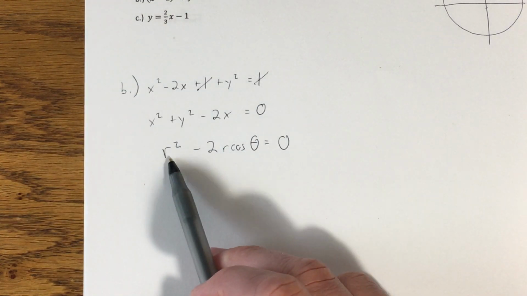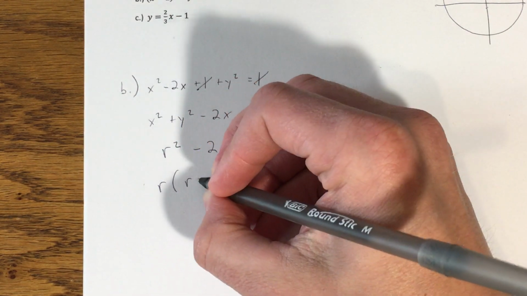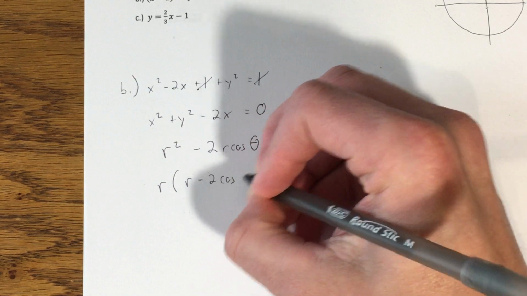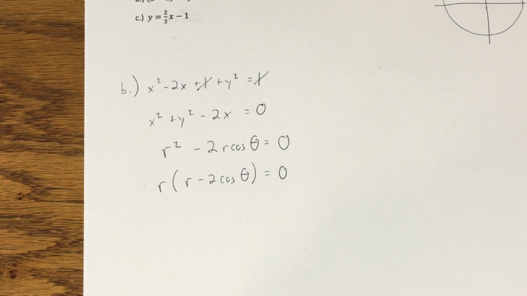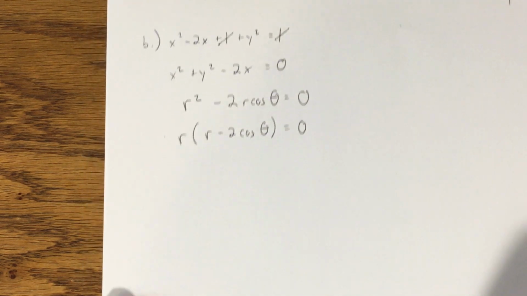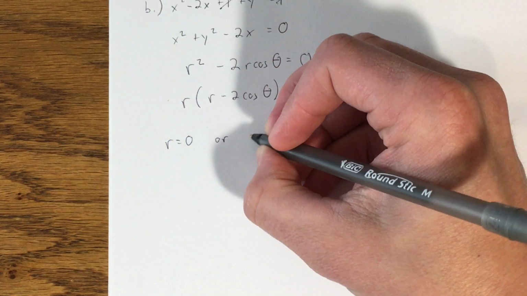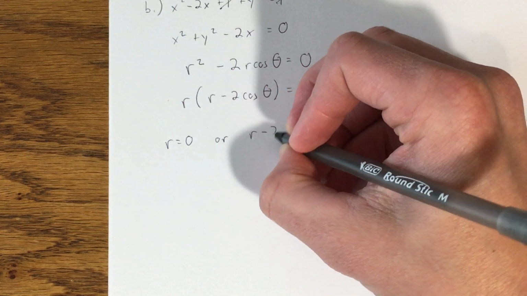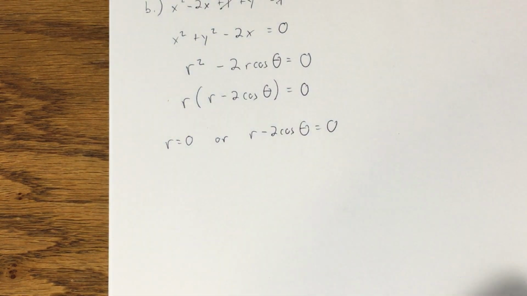So if I were to factor an r out of this, r times r minus 2 cosine of theta equals 0. From my zero product property, I know that technically leads me to 2 equations, either r equals 0 or r minus 2 cosine of theta equals 0.